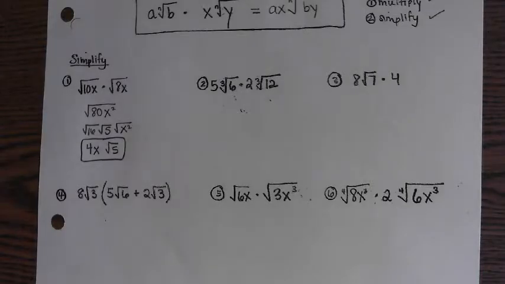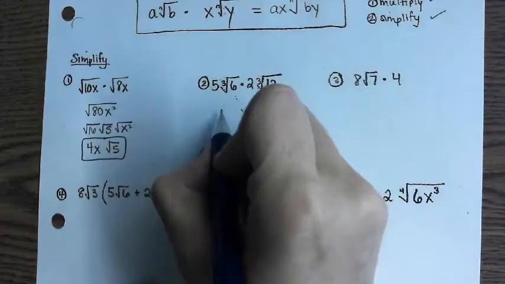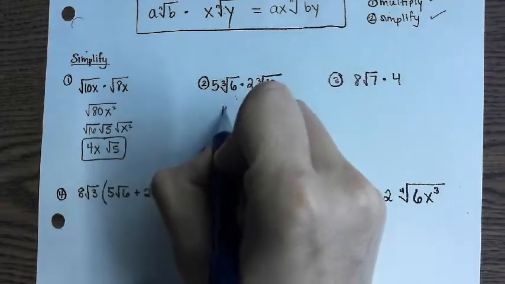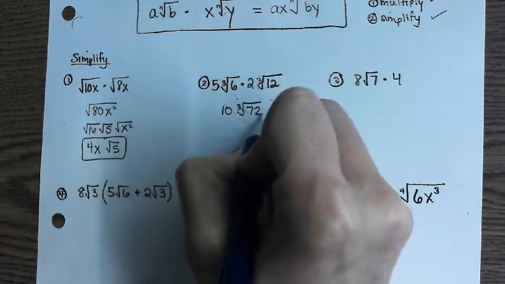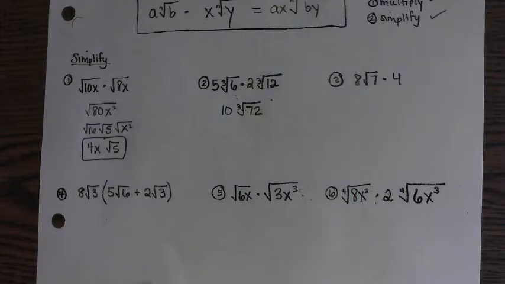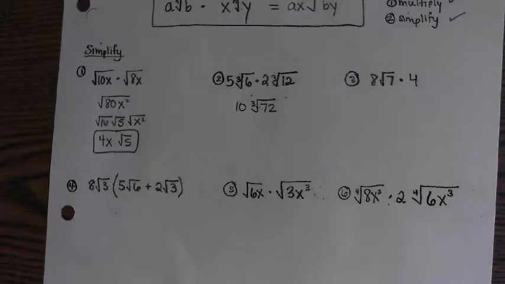Okay, on number 2, they're both cubed roots. So take a stab at this, Eric. So 10 cubed root 72. Keep going with me, Eric. How can we break down 72?